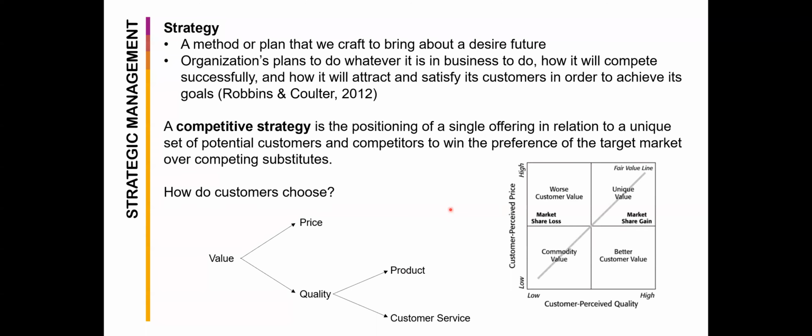Okay, so for the last 5 minutes, let me just discuss this graph here on the lower right. Okay, so we have two dimensions. We have the customer perceived quality, and on the other end, we have the customer perceived price. Okay, so the fair value line is where the quality and the price meets.